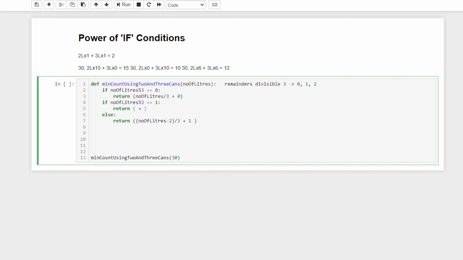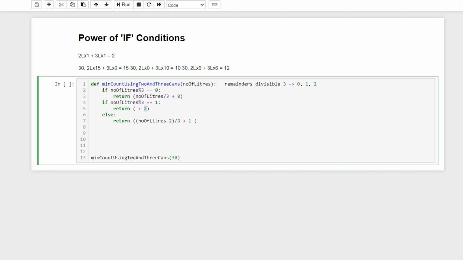So instead of using 3-liter cans to measure 4 liters, we can use the 2-liter can. To measure 4 liters, how many times do we need to use 2 liters? Yeah, 2 times. So 2 into 2, 4. So to measure 4 liters, use 2 2-liter cans. So this answer is 2 now.